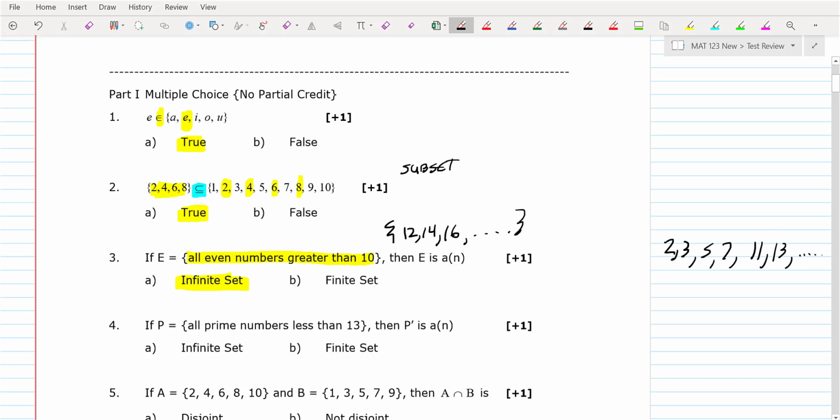So would that be a finite set or an infinite set? It says the prime numbers less than 13. Yeah, that's definitely finite. So that set would just be 2, 3, 5, 7, 11, and that's it. Those are the prime numbers. So that one is a finite set.